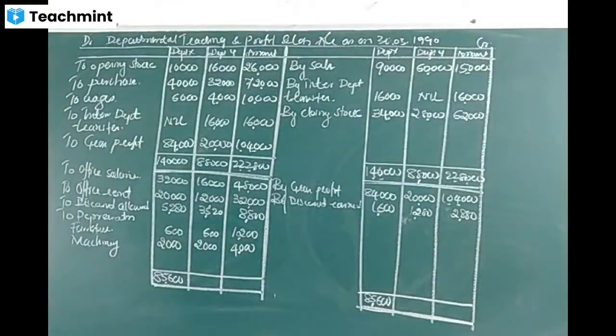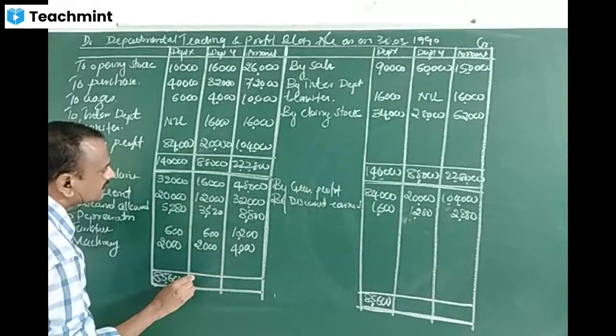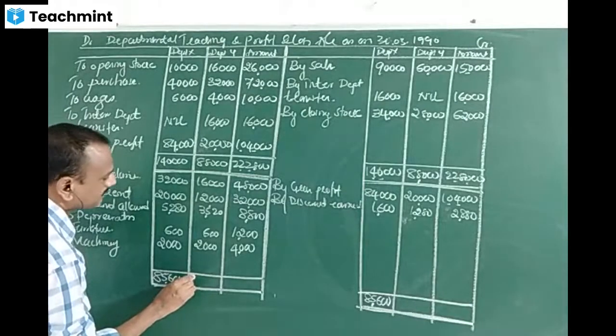Debit the total of department Y: 34,120.